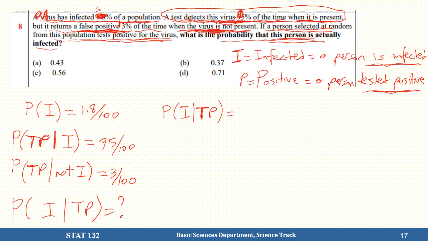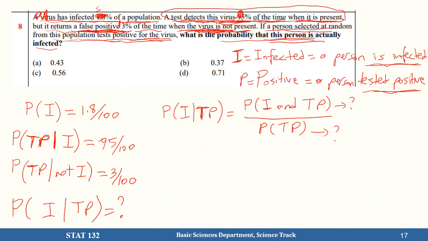This conditional probability is equal to the probability of I and TP divided by the probability of TP. We have to find both of these; they're not given to us.